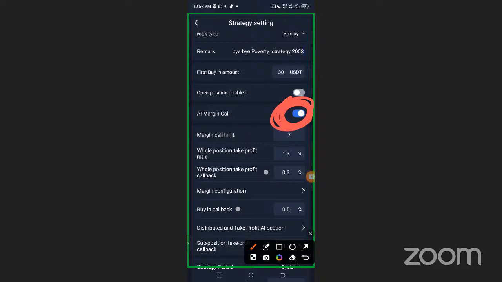And in this strategy, the buy-by-poverty strategy, the AI margin call has to be on. Then we have the number of margin calls, or what we call the margin call limit.